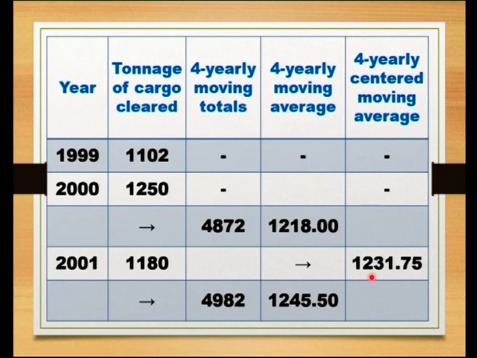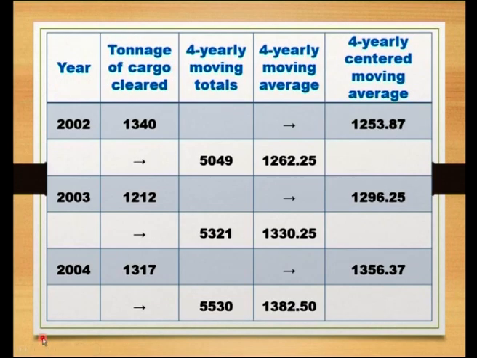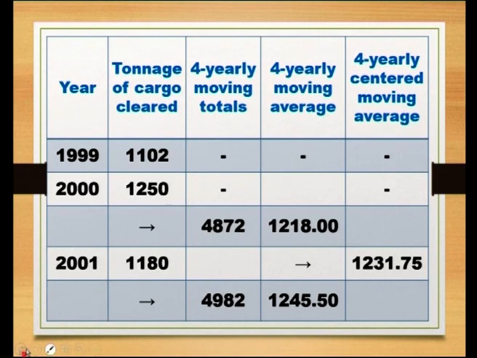See the table column. We have calculated the total of the 4 values, 1102 plus 1250 plus 1180 plus 1340, that gives you 4872, that is divided by 4. 4872 by 4 gives you 1218.